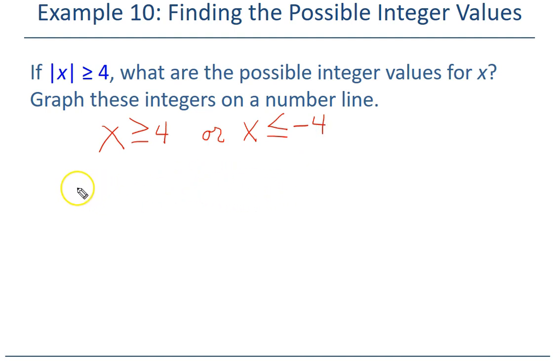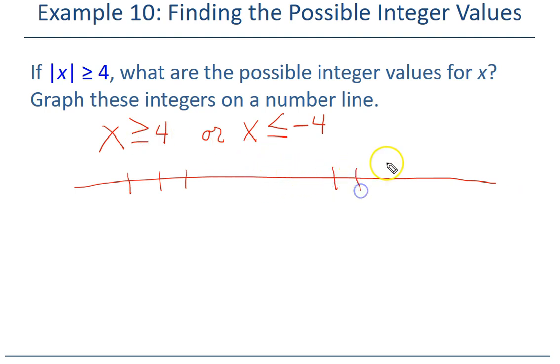Now, if we were to put these on a number line here, and we can do some over here as well, this would be a negative 4 here, and this is a 4 here. Let's do this one first. So x is greater than or equal to 4, so we'd put a dot there, and then it would start going up, and then we'd put our ellipsis here, which is indicated by an arrow that's thickened there.